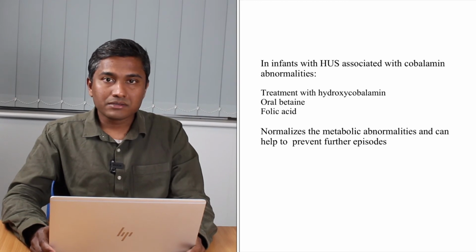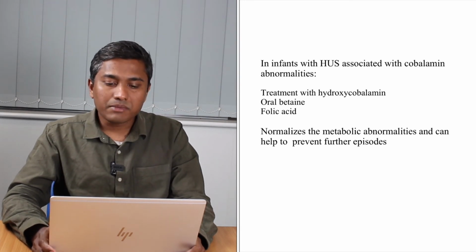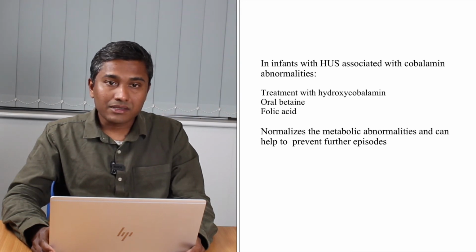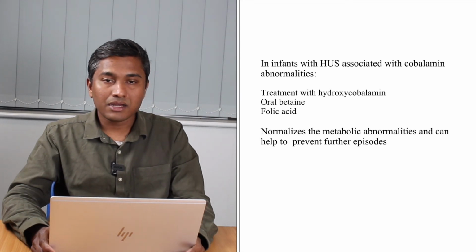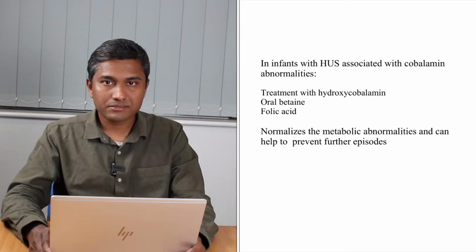In infants with HUS which is associated with cobalamin abnormalities, treatment with hydroxycobalamin, oral betaine, and folic acid can help normalize metabolic abnormalities and also helps to prevent further episodes.